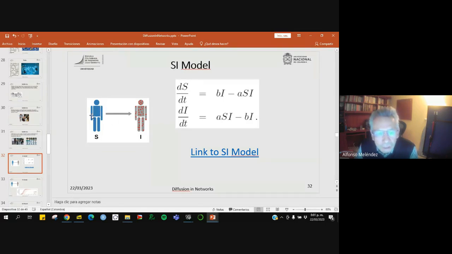Two states in the person: susceptible to an illness and infected. It's called the SI model, susceptible-infected model. Let's see this model in NetLogo.